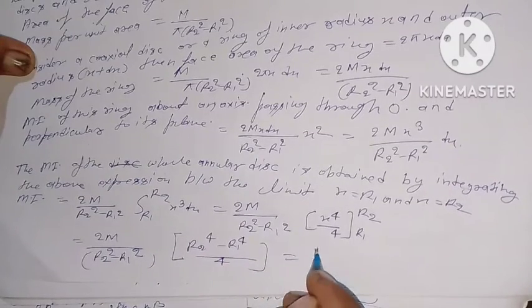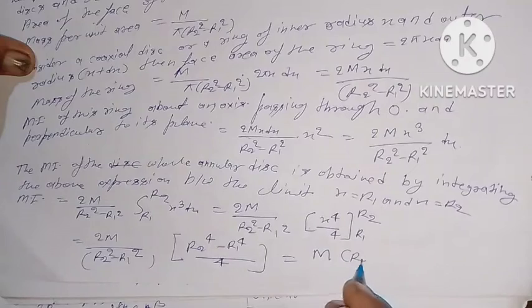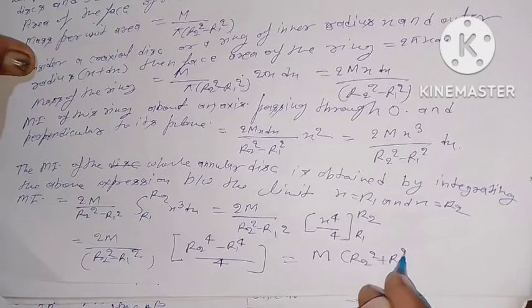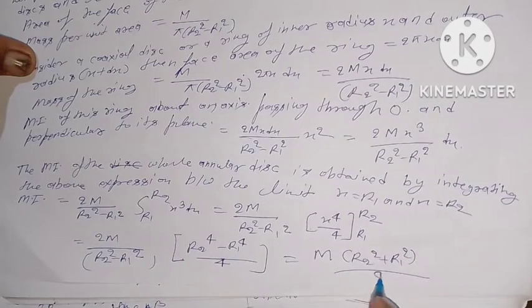That is capital M (R2 square plus R1 square) whole upon 2.